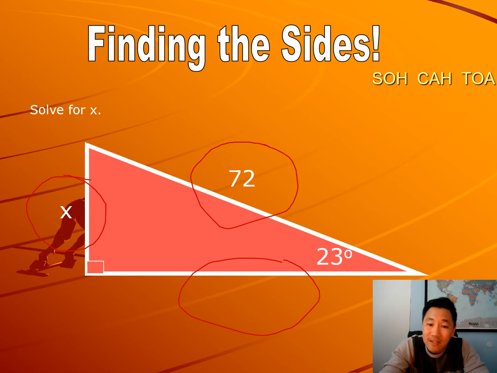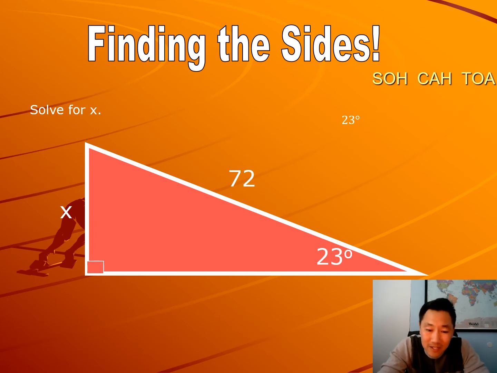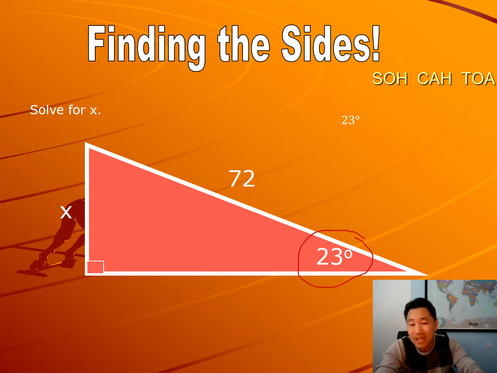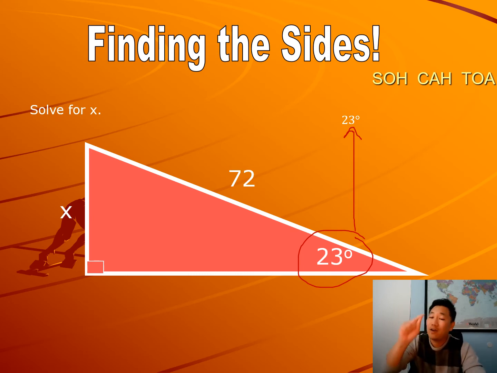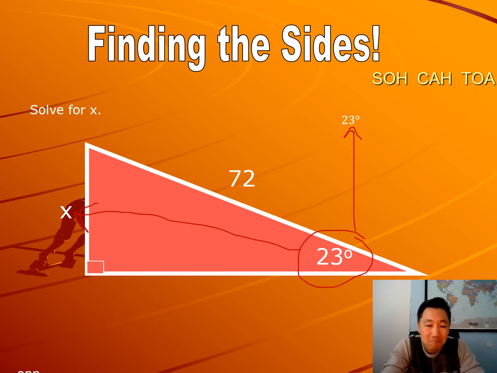Let's use it. First thing we do, we look at the degree that's given, this 23 degrees. Always look at that degree, write it down, and then ask yourself, how does that degree relate to the x? It's opposite. How does that degree relate to the 72?